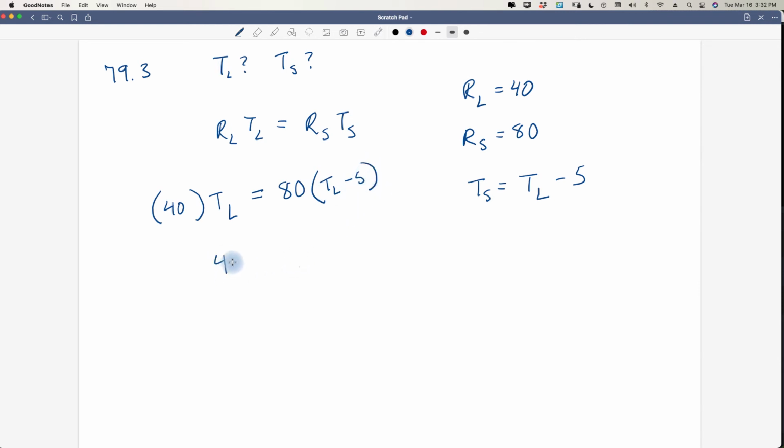All right, so 40 T sub L is equal to 80 times T sub L, and 80 times a negative 5 is going to be a negative 400. Okay, I didn't put my 0, did I? There we go.